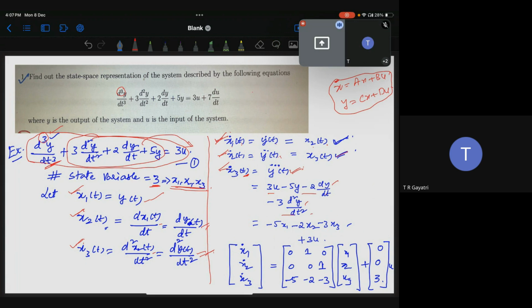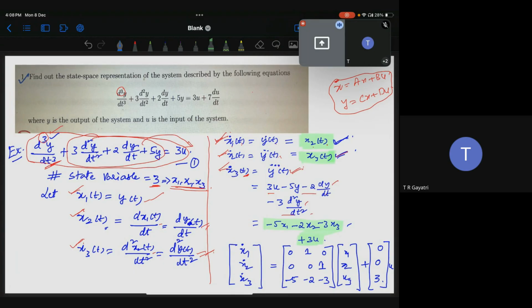See here, on this side, what do we have? X2. What do we have here? X3. What do we have here? X1, X2, X3, U. Correct?